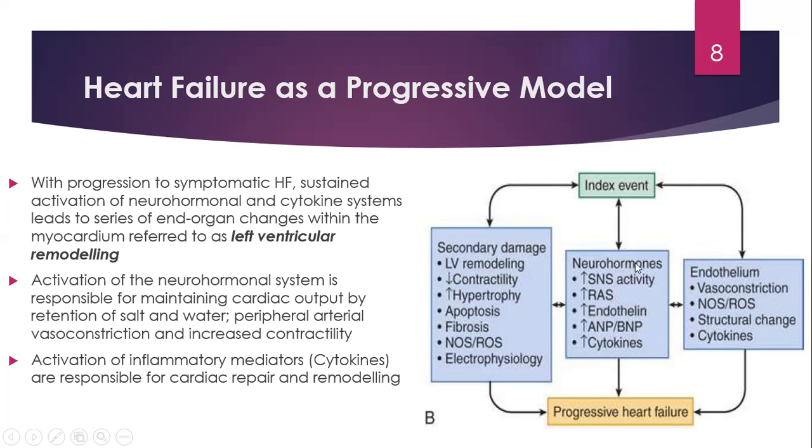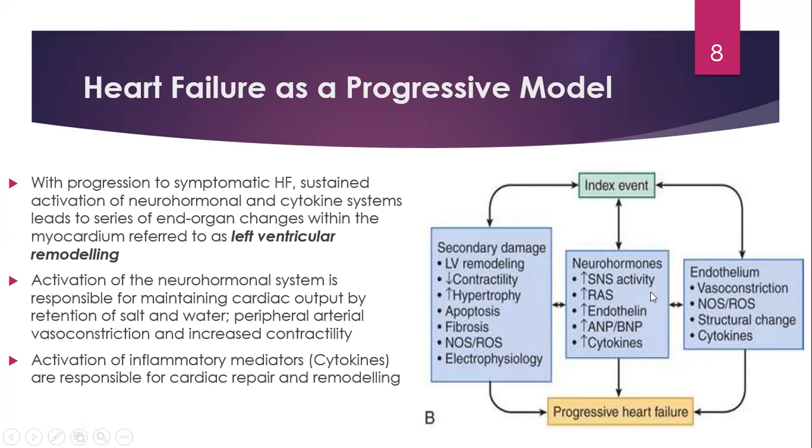Once these are activated, they can lead to secondary damage to the myocardium: remodeling, reduced contractility, hypertrophy. And once this secondary damage happens, it further enhances and intensifies the neurohormonal response.